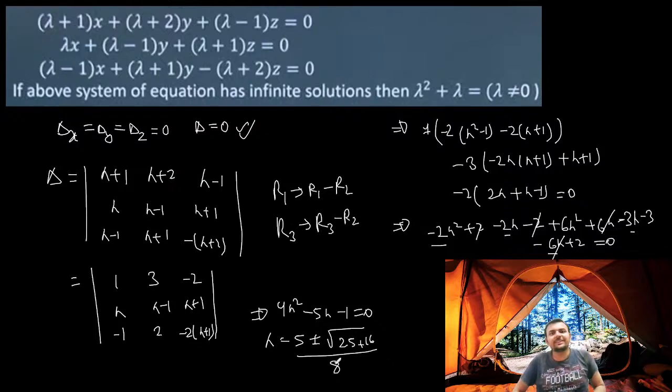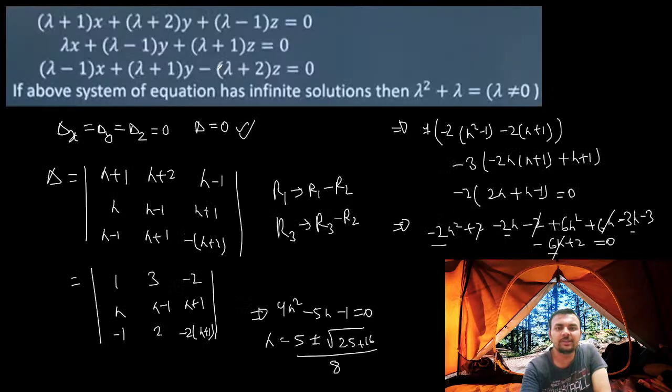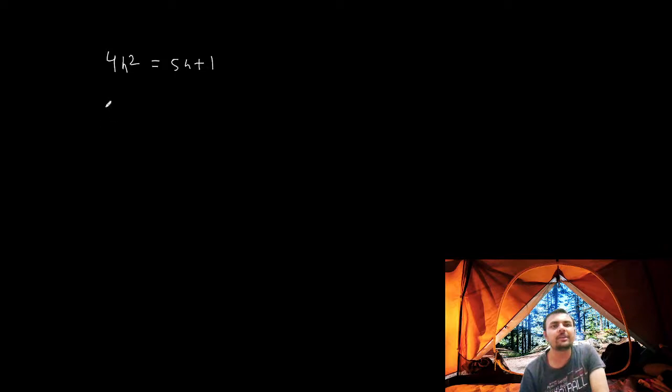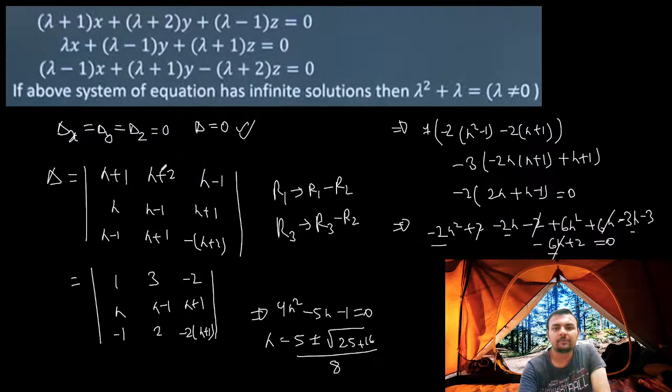We can simply say that 4 lambda square is equal to 5 lambda plus 1, isn't it? We'll divide by 4, so lambda square minus 5 lambda by 4 equals 1 by 4. So lambda is this thing. This is the answer. I think there is some problem in the question.